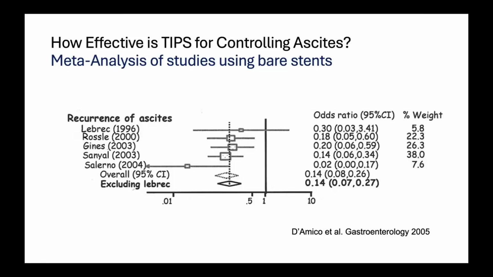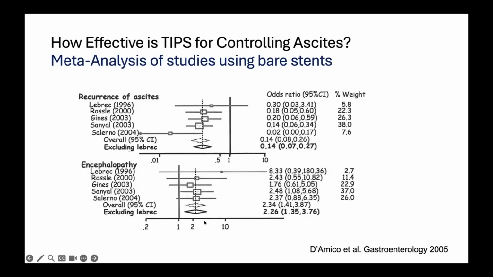So this is an 86% decrease in the odds of having persisting ascites. So really, this is an impressive result of TIPS in the control of ascites. There are few medical therapies associated with this magnitude of effect.